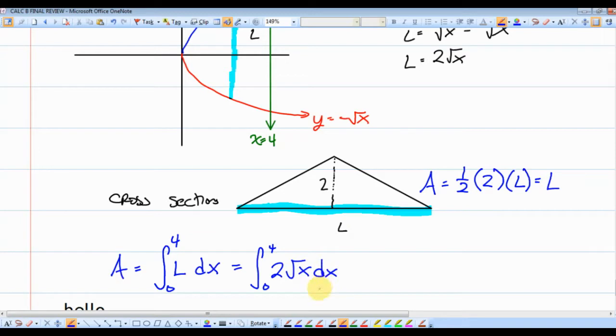The line x equals 4. The antiderivative of x to the 1/2: 1/2 plus 1 is 3/2. Reciprocal of 3/2 is 2/3. 2/3 times 2 is 4/3. Good. This is 4/3 x to the 3/2, going from 0 to 4.